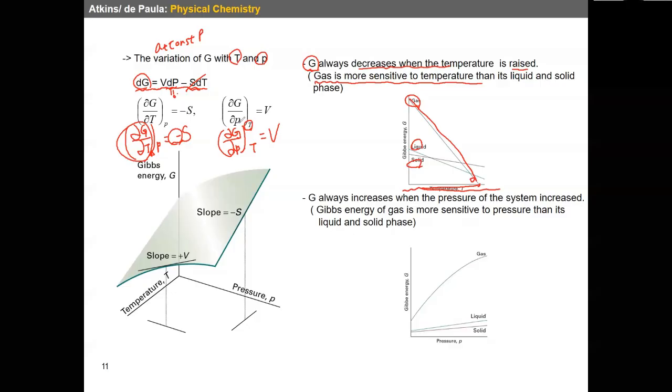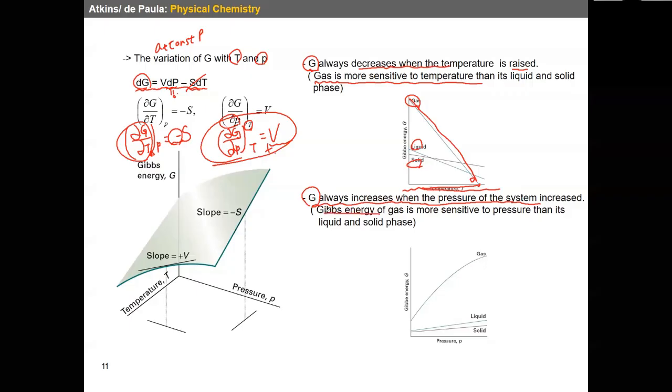And for pressure, the Gibbs energy always increases when the pressure of a system is increased, as you can see here, right? Because the slope of Gibbs energy against pressure is positive, the Gibbs energy always increases when the pressure of the system is increased.